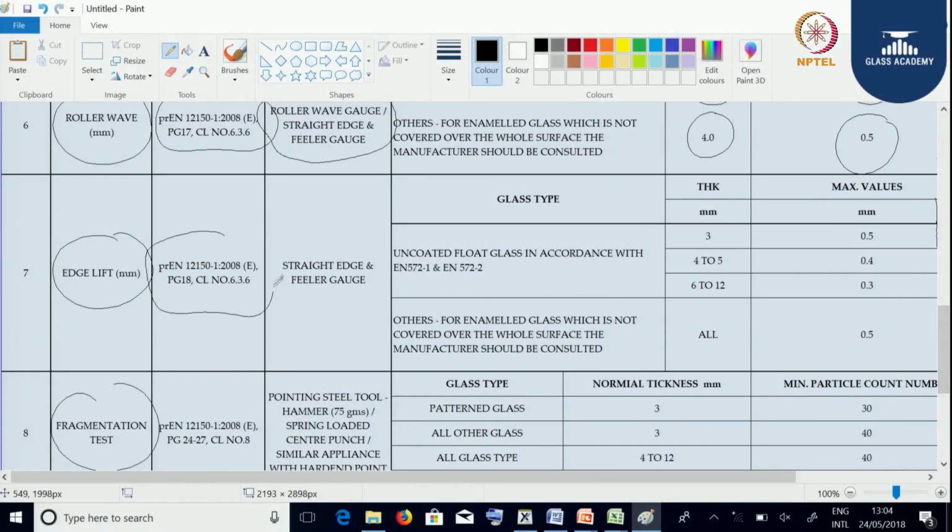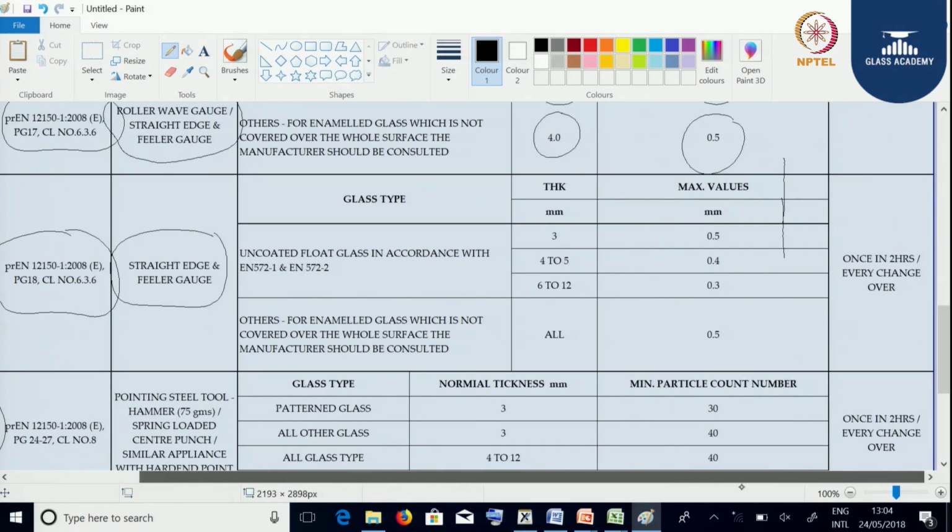Now let us take the next test parameter, that is the edge lift. The standard we follow is EN12150. The tool we use to measure the edge lift is a straight edge and a feeler gauge. The edge lift is always dependent on the thickness of the glass. If my glass thickness is 3 mm, the maximum value allowed is 0.5 mm.